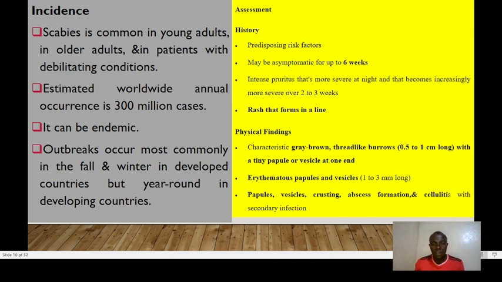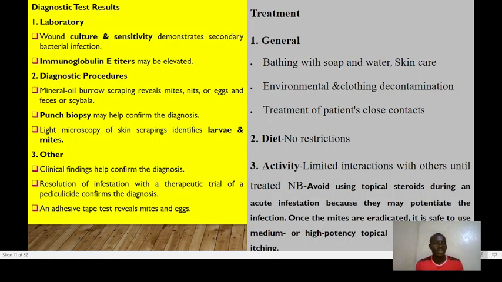On physical findings, you find characteristic gray-brown thread-like burrows that are 0.5 to 1 centimeters long with a tiny papule or vesicle at one end. You could also have erythematous papules and vesicles, crusting, abscess formation, and cellulitis with secondary infection.